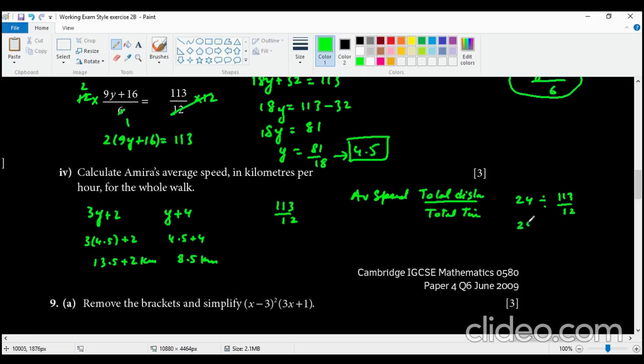So swapping this, 12 over 113, this gives us 12 times 24, which is 288 divided by 113. So speed is going to be 2.55 kilometers per hour. That's the average speed.